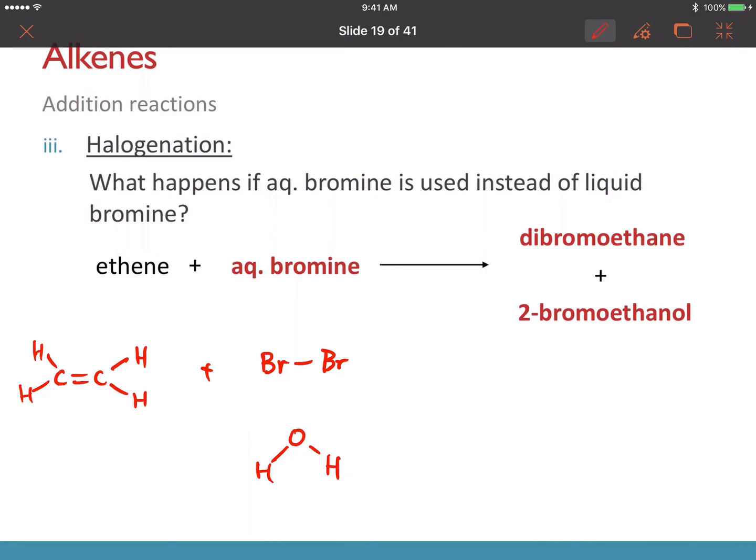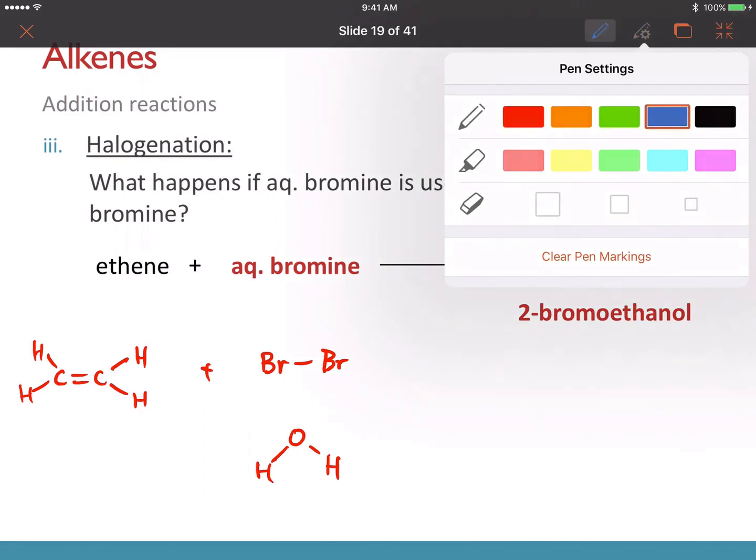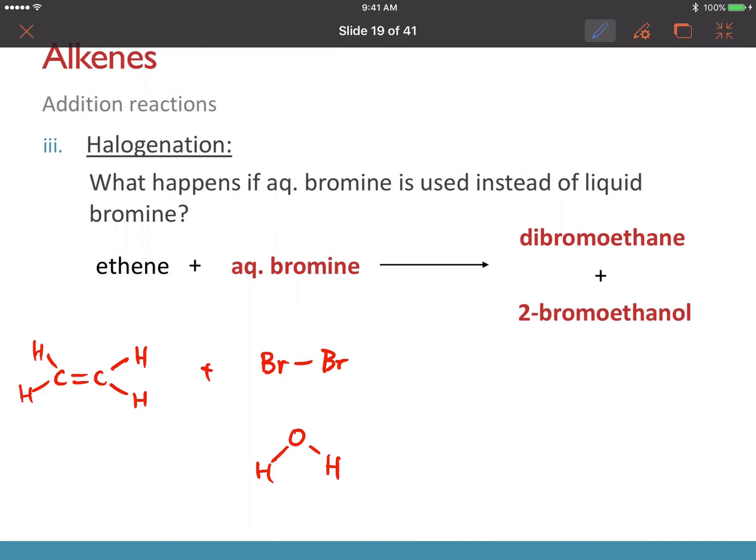Now, how this works is, remember how electrons can move? Okay, so remember that your CC double bond here, you don't need to know the mechanism, just for your information, is rich in electrons. There's a lot of electron concentrated around there.